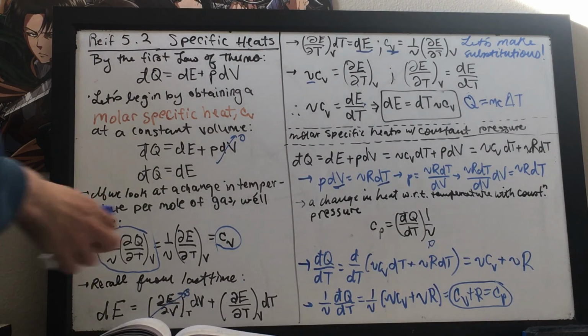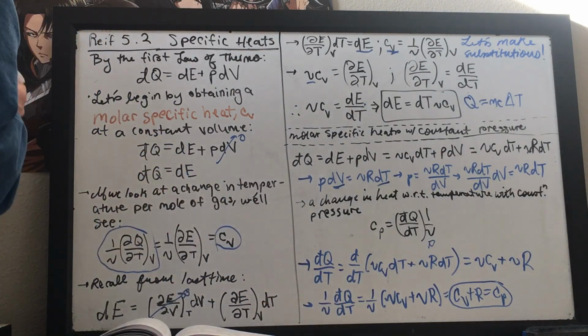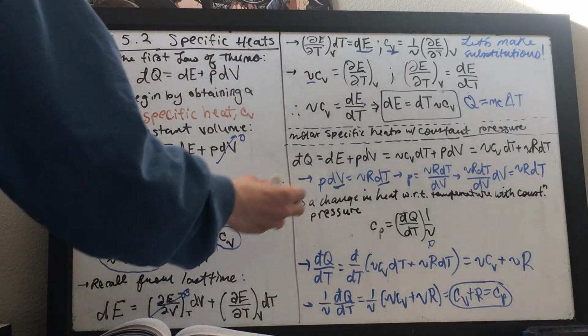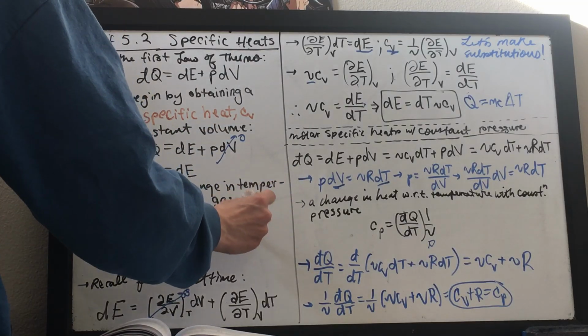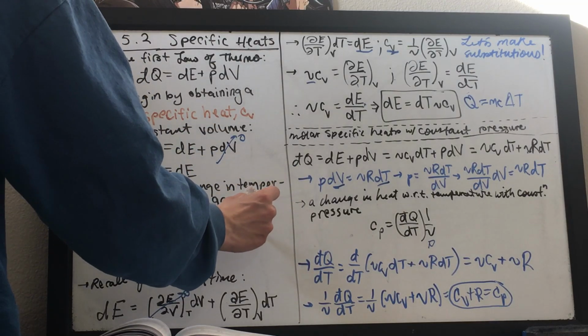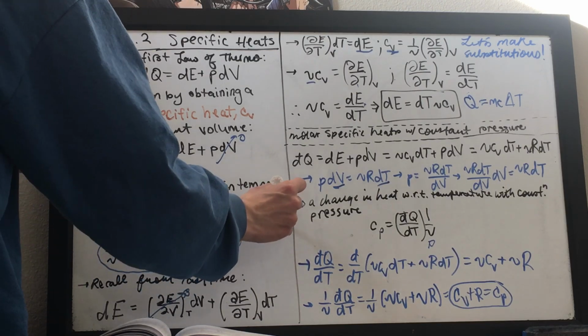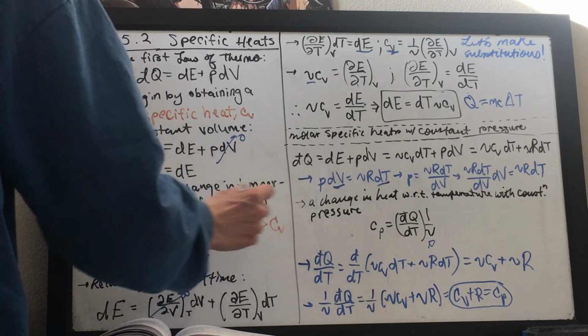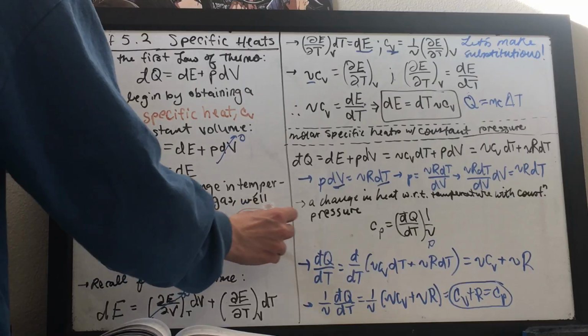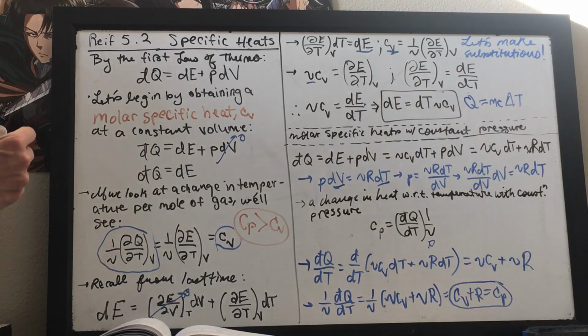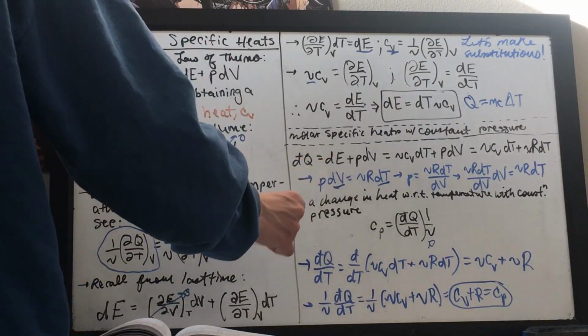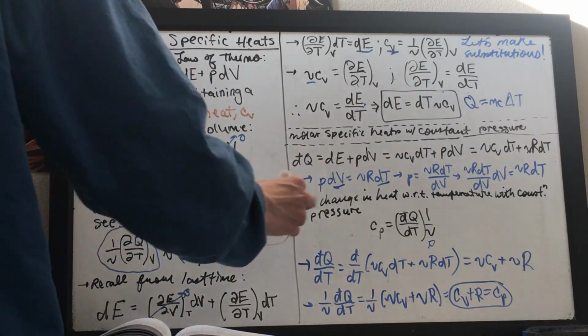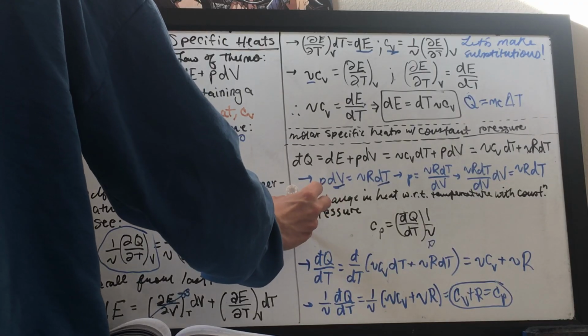What this actually shows us is, algebraically speaking, if we're doing some sort of calculation, our molar specific heat with a constant pressure will always be more than our molar specific heat with constant volume. That's another very important thing that we can derive. And also, secondly, another thing we can derive is this ratio between these two constants being what we call gamma.